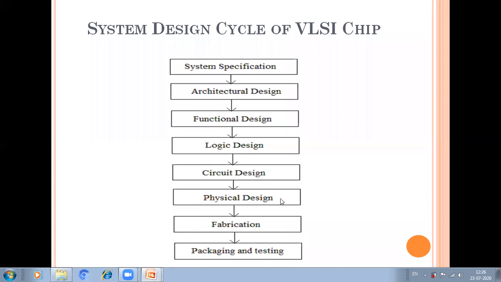After every stage, verification is required. Consider the logic design stage. The logic design is prepared using RTL, register transfer level, where we design the code and make a model of the digital circuit using a hardware description language.